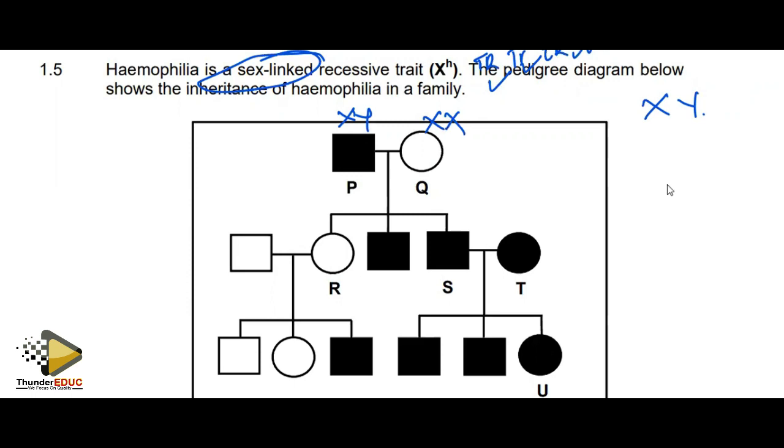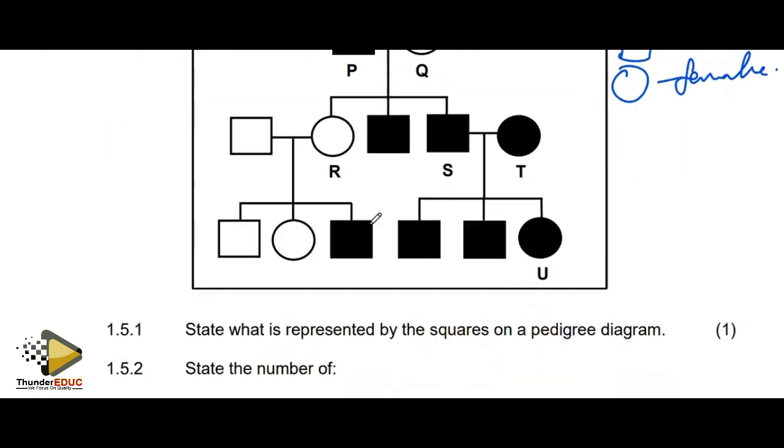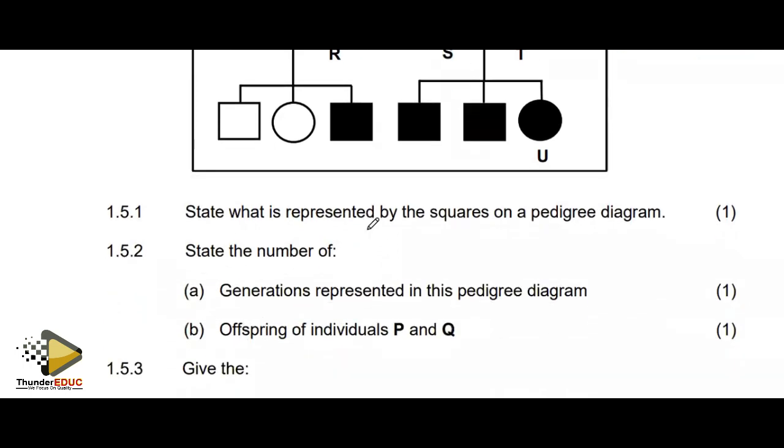And before you go for this question, you also need to know that a box means a male, while a circle means a female. Sometimes we don't give you a key. Sometimes we can even ask you what a box means. So let's continue to our pedigree. Can this question be answered by our booklets?